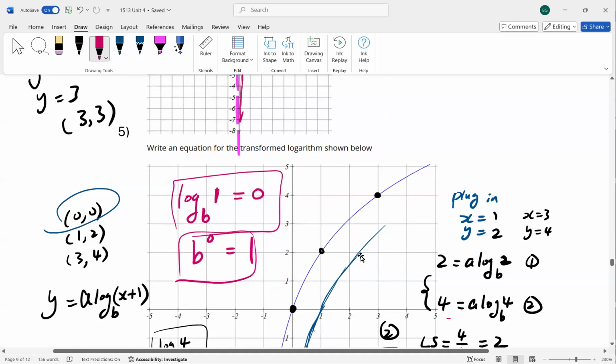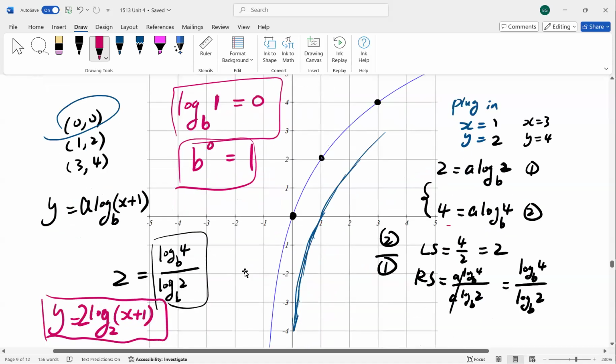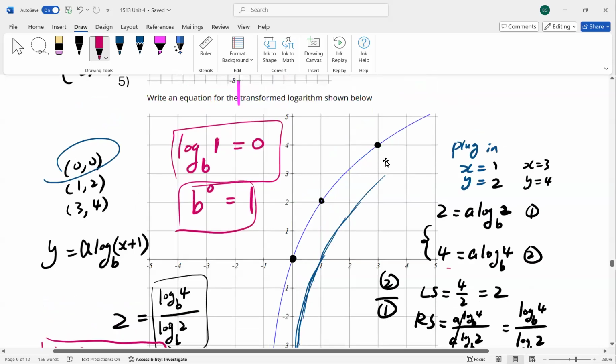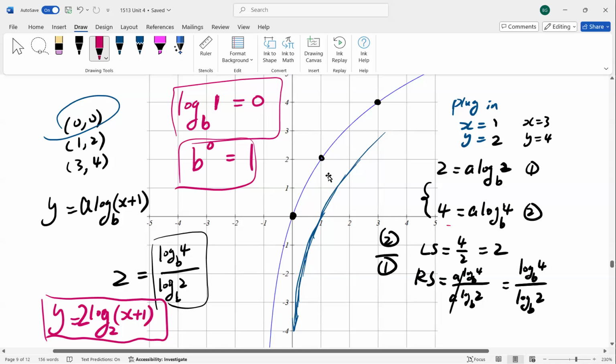Yeah. Then you just have to try. Because from what I see, all I have is 0, 0, 1, 2, 3, 4. That's all I have. So definitely the graph is shifted to the left 1 unit. So the argument definitely is x plus 1.